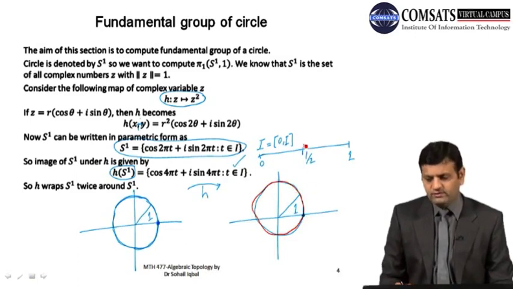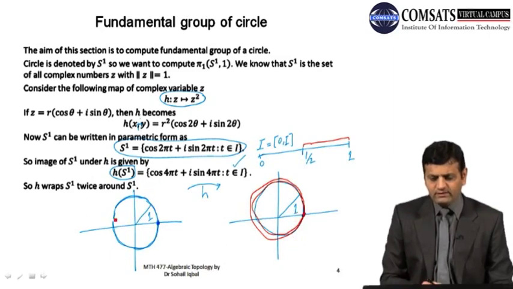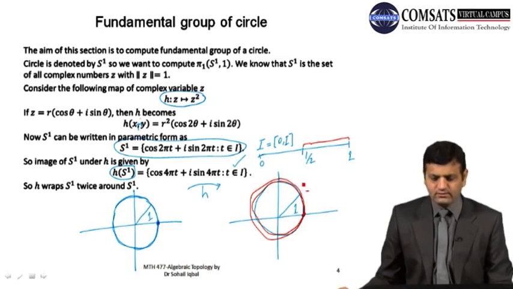Because t varies from 0 to 1, after 1 by 2 the circle starts repeating itself; we are once again going over the circle points and reaching the same point. So if we have a unit circle in the plane, the image under H of this circle is going to be the unit circle, but we are circling the circle twice.